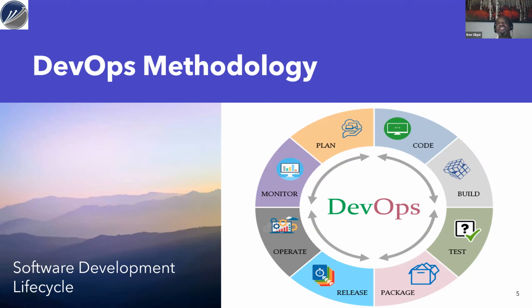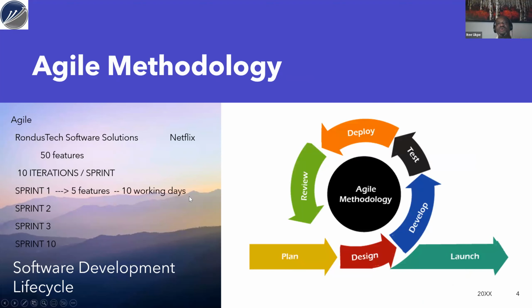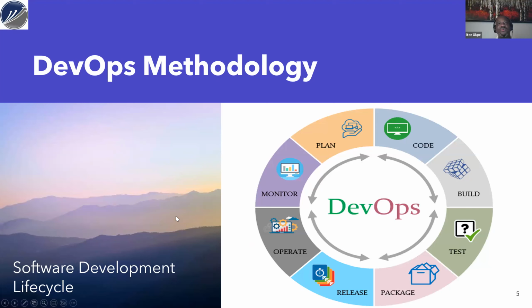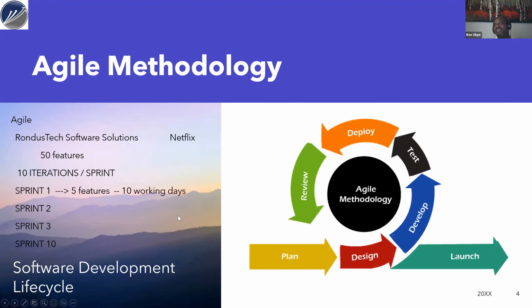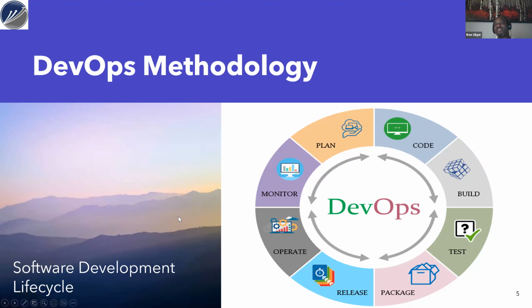You still use Agile methodology for the planning, for the iterations, for the sprints. So this process falls right into the Agile methodology, and it makes software development really effective and efficient.